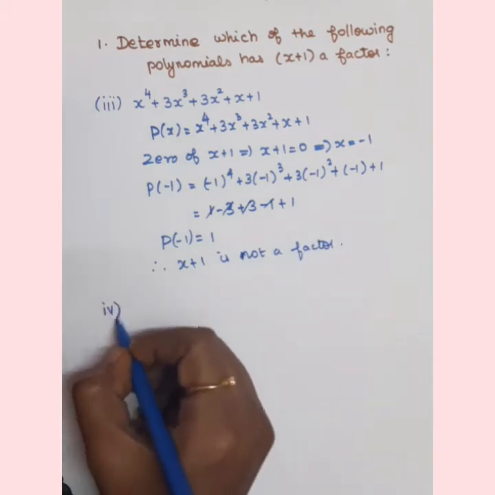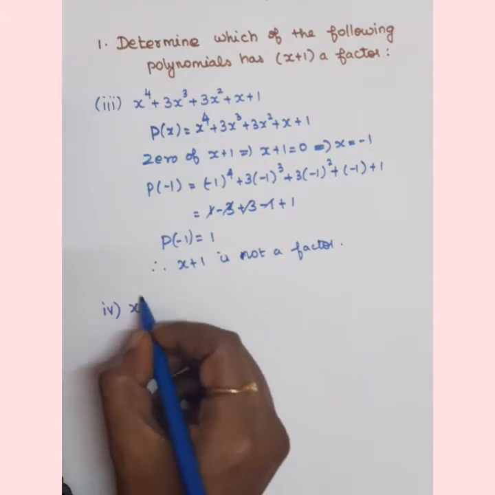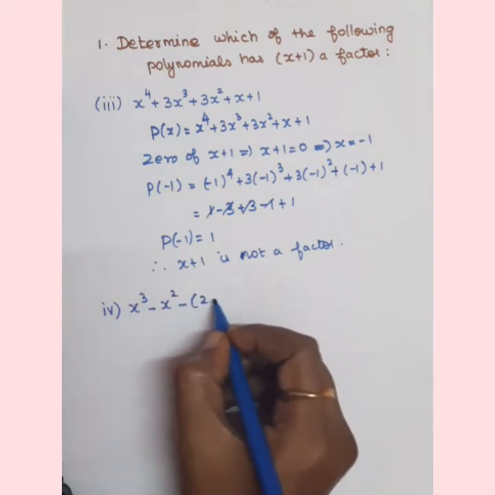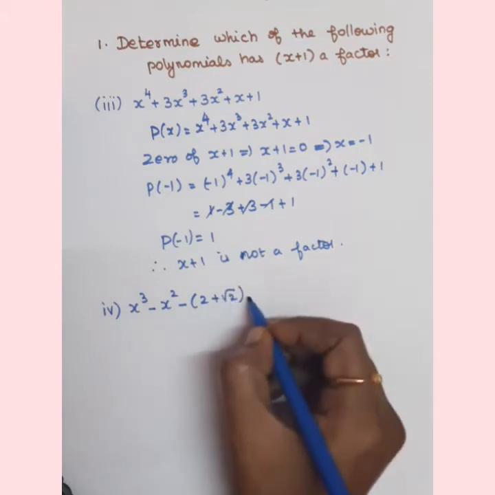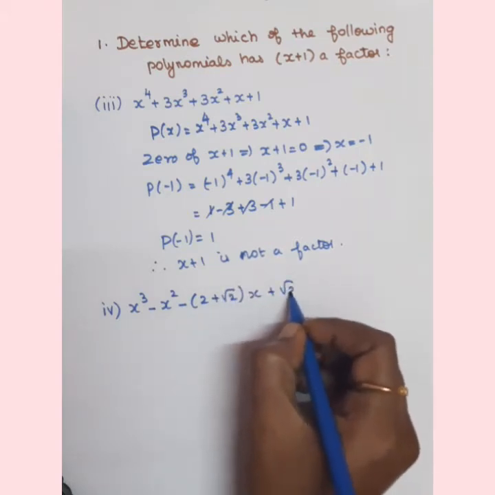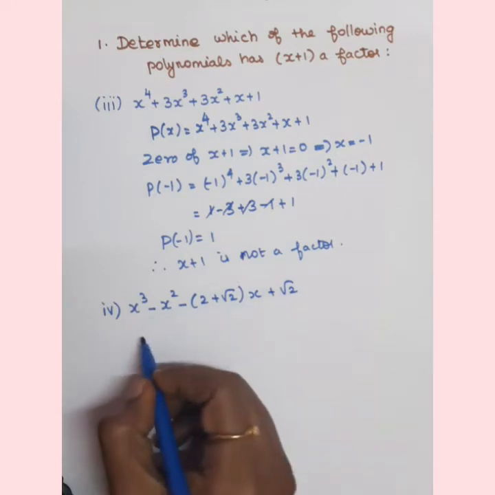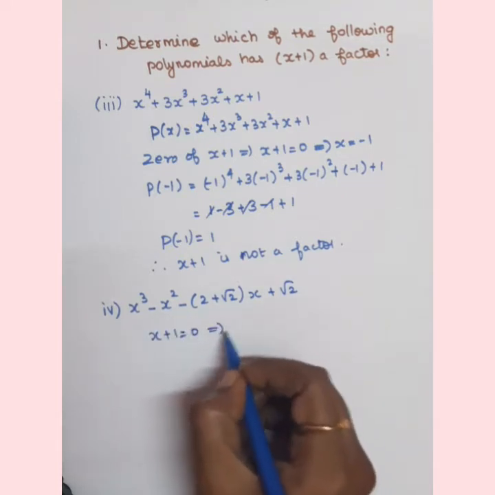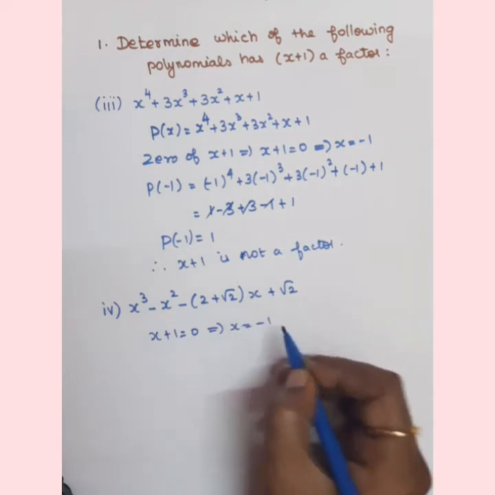Fourth problem is x cube minus x squared minus of 2 plus root 2 into x plus root 2. So x plus 1 equals 0, which gives you x is equal to minus 1.